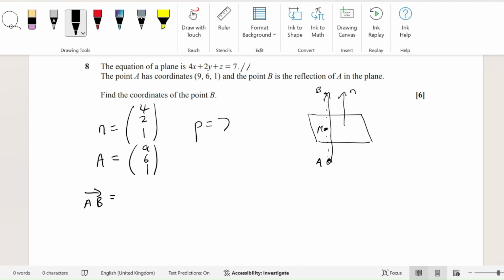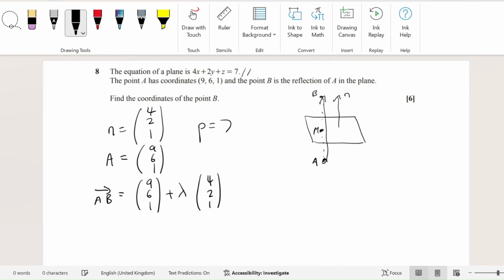So we know that A is a point on this line AB, so we can use the position vector (9, 6, 1) of A, and then we can also add lambda, some scalar multiple of the direction vector, and the direction vector is equal to n because we're saying that AB is parallel to n. So then we can write (4, 2, 1). So this is the vector equation of a line for AB.